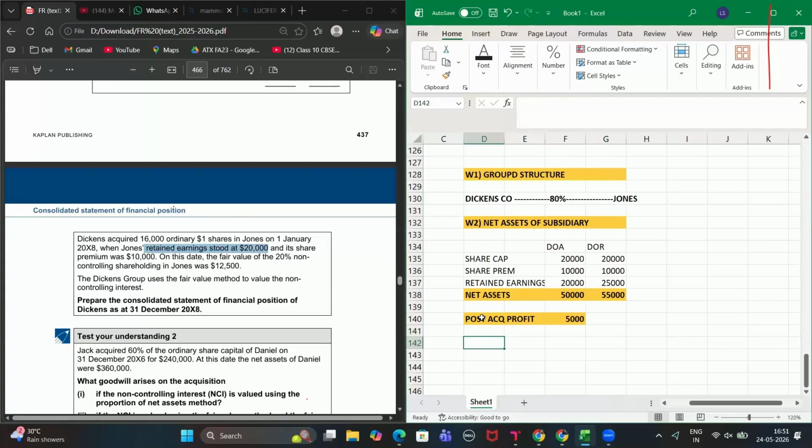We have to split it into parent company and NCI. So what is the parent company's share? Yeah, that is 80%. What about NCI? It is 20%.